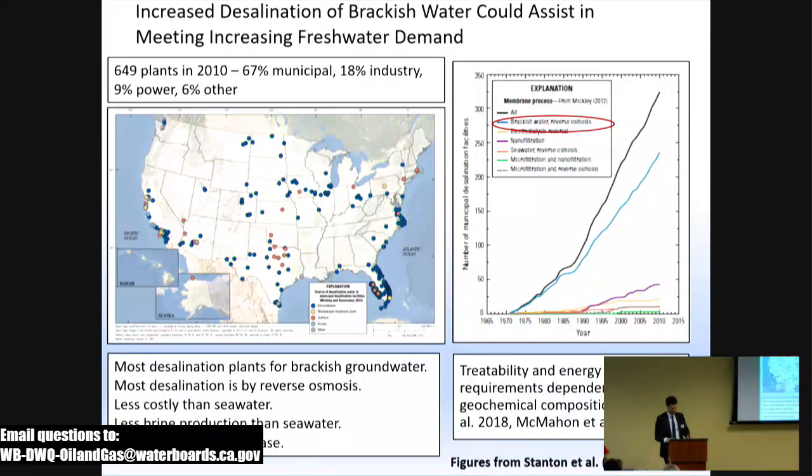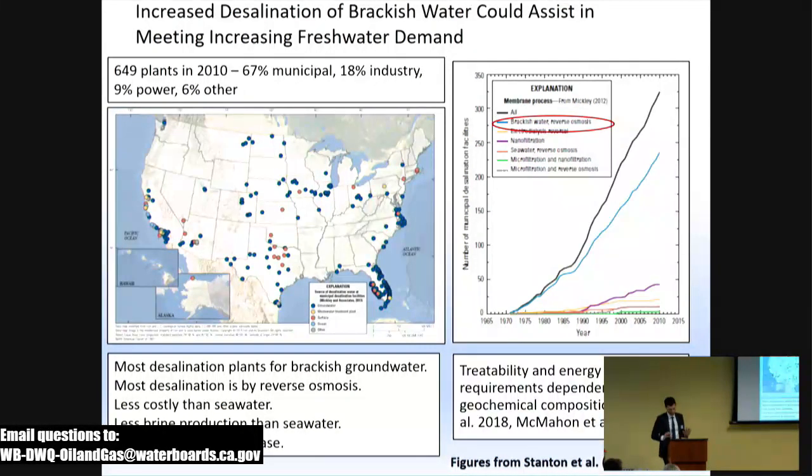So, desalinization. Desalinization is something which is already here and is expected to grow, and the majority of desalinization in the United States is actually not at the coasts, it's inland. And there's a variety of reasons for that, many of which come down to economics.